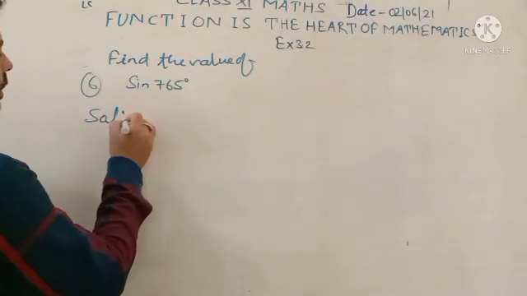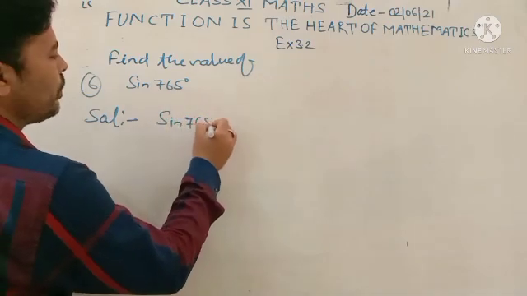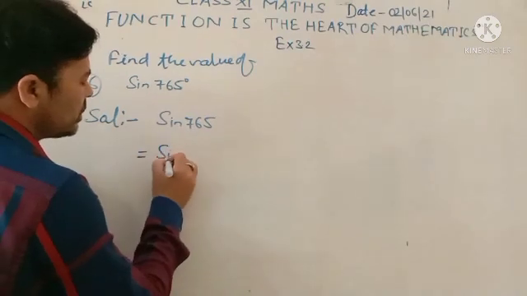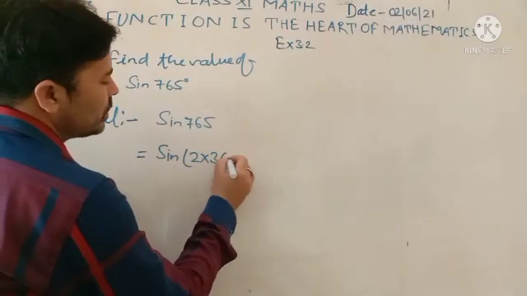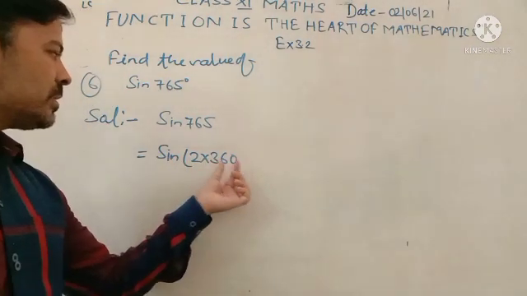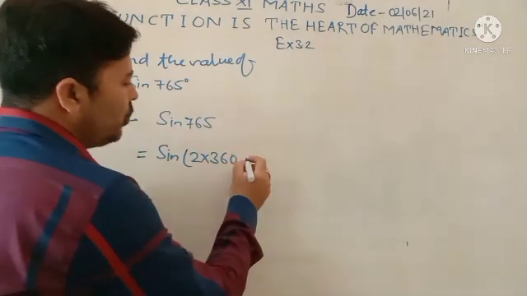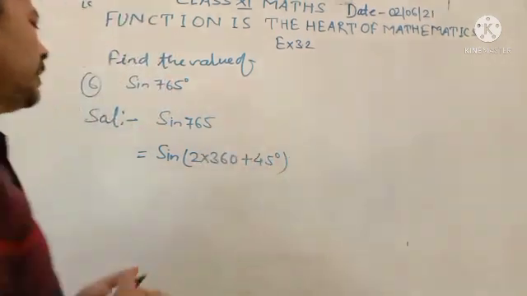Given sin 765, you can write it as sin (2 into 360 plus 45). 2 into 360 makes 720, plus 45 makes 765.